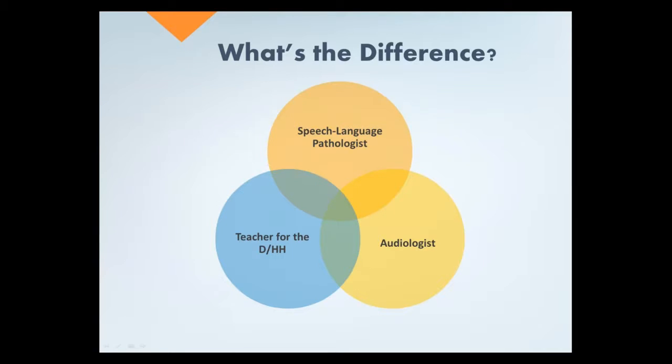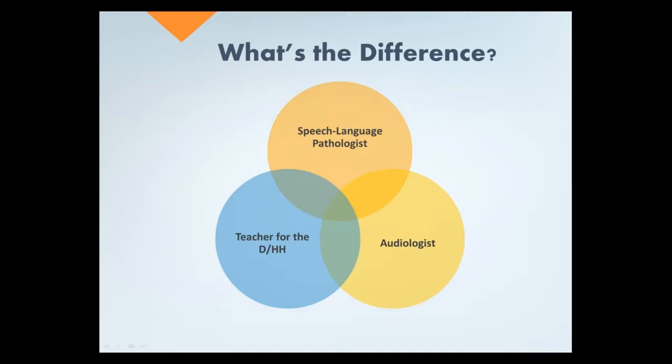So you've probably learned there are many educators and professionals working with your child at any time, and it probably seems like we're all doing the same things. And in the end, we're all working towards the same goals, but we might be getting there a little bit differently and might have different roles.